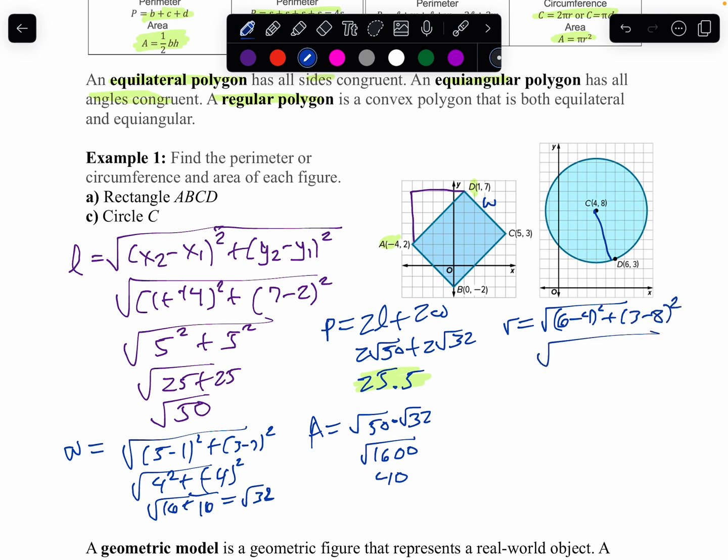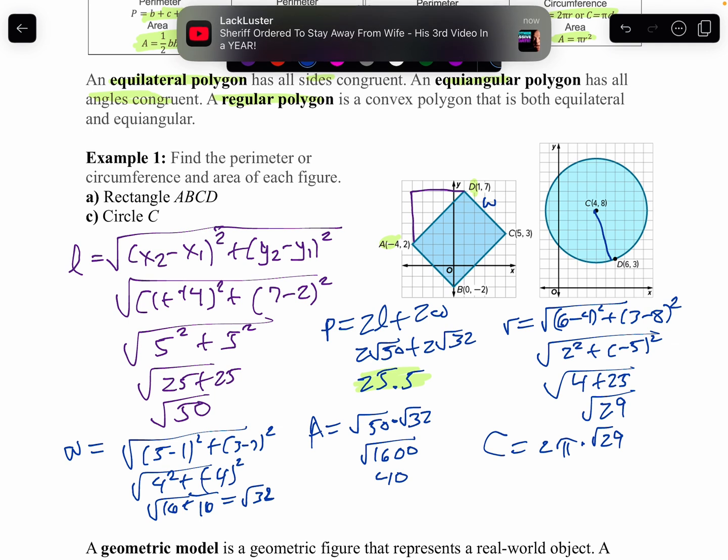Well, 6 minus 4 is 2 squared. 3 minus 8 is negative 5 squared. Remember, when you square a negative, you get a positive, so you get 4 plus 25, which is the square root of 29. So to find the circumference, I take 2 times pi times the square root of 29.